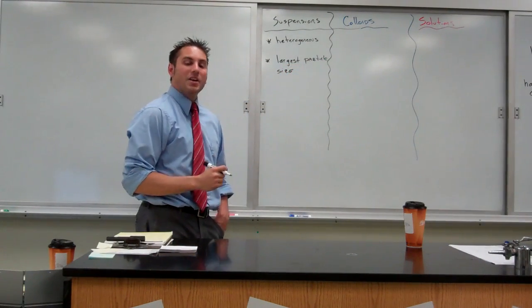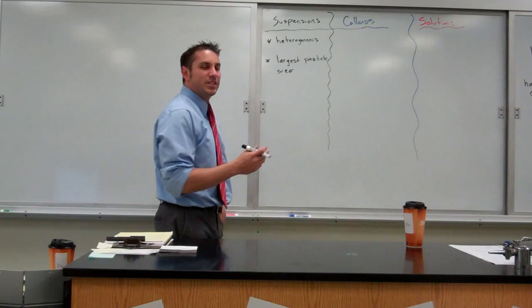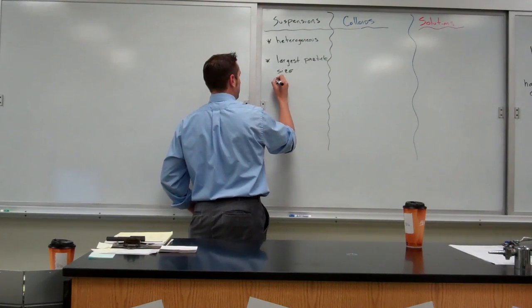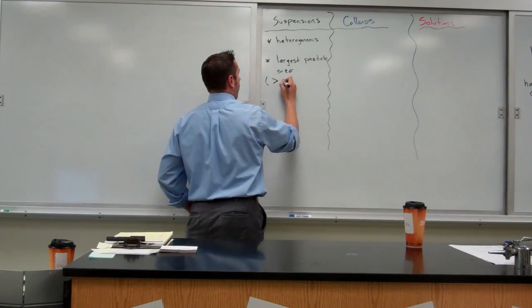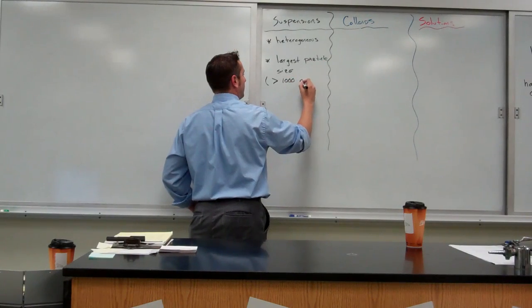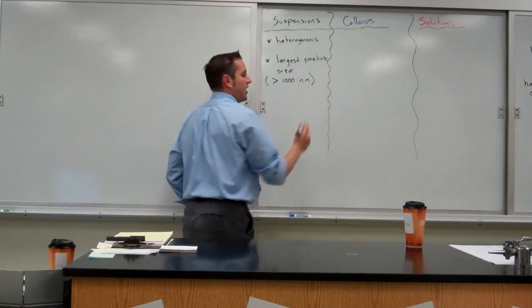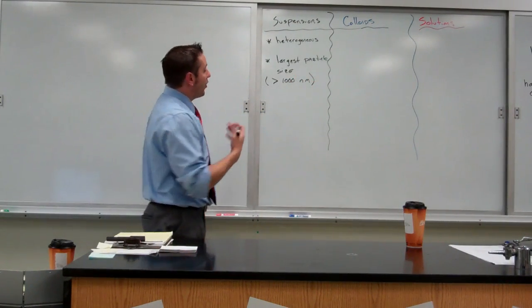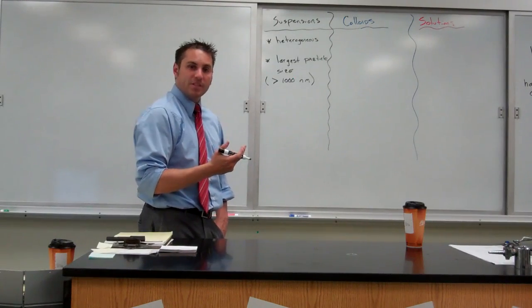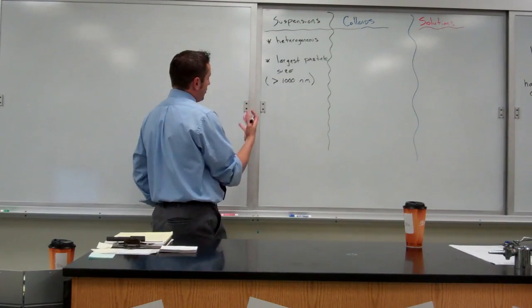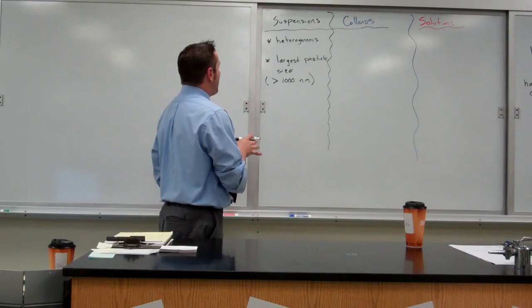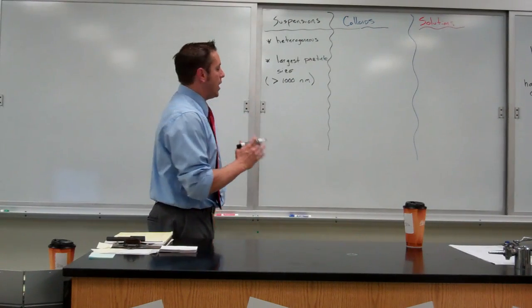If we were going to quantify that amount, we would say that it's over 1,000 nanometers in particle size. And although a nanometer is very small, 1 times 10 to the negative 9th, in terms of being a particle size, that would be far too large for it to be able to be held in a different substance.